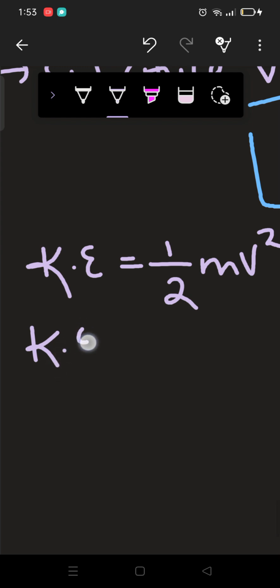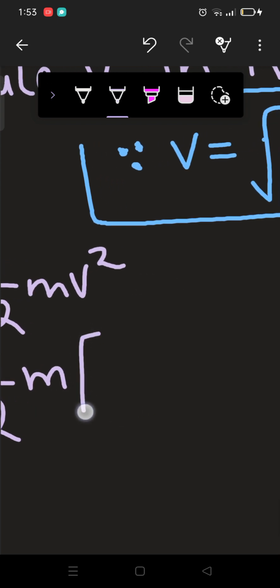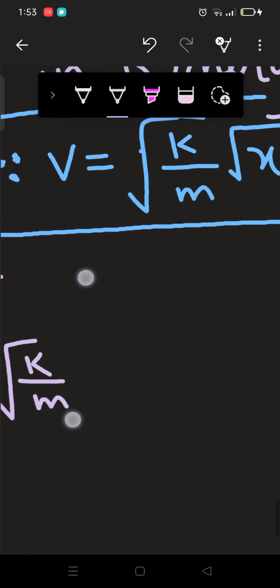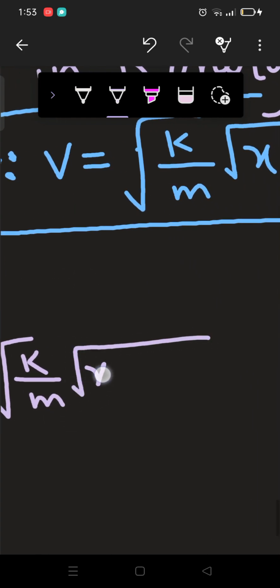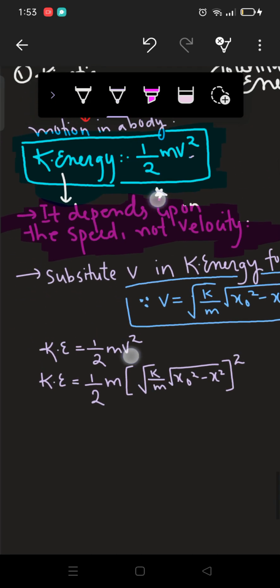So kinetic energy is equal to half m, instead of v, under root k by m into under root x naught square minus x square, and whole square too. Since we have half mv square, we have entire v square. That's why we have put the entire v square.